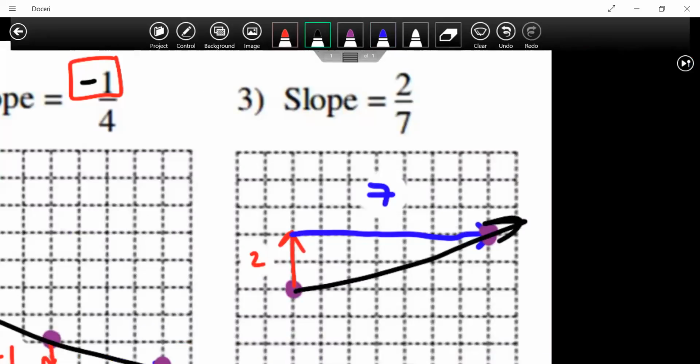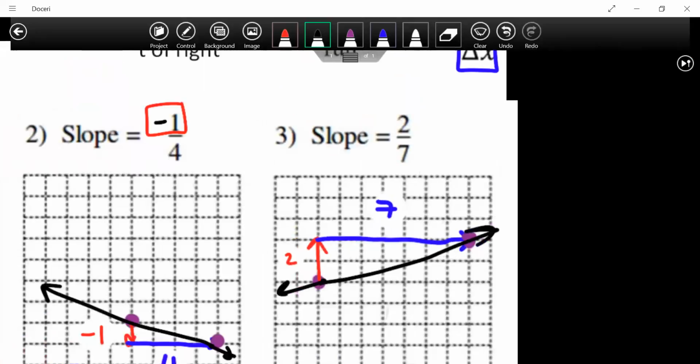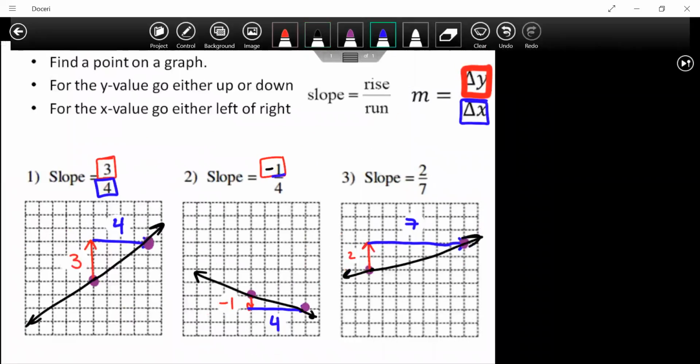Connect the dots. Easy or hard? So we did up to over 7. Okay, it's facing upwards. Our slope is facing upwards. We know it's positive. We're good to go. Correct? Next one. Here we go.